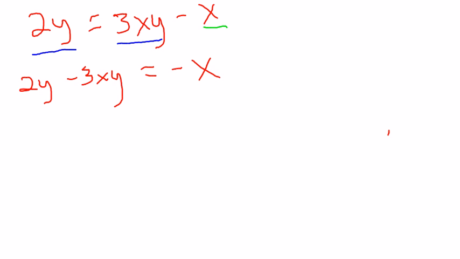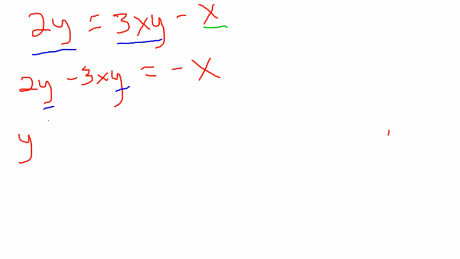Now I need to pull the y out from the left side. Notice, because we grouped them on that side, there's a y here and a y here. So I factor it out, which is the distributive property backwards. It's harder to see pulling it out backwards, but you should be getting good at it by now.